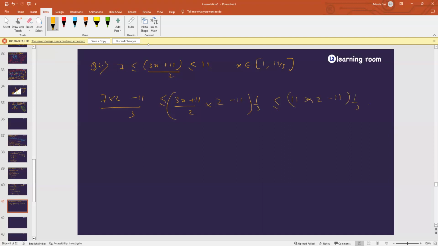So if you solve this, 14 minus 11, that is 3. 3 divided by 3 is 1. Here you'll get x only, and here you'll get 11 upon 3. 22 minus 11, that is 11, and whole divided by 3 is 11 by 3. This is what you get.